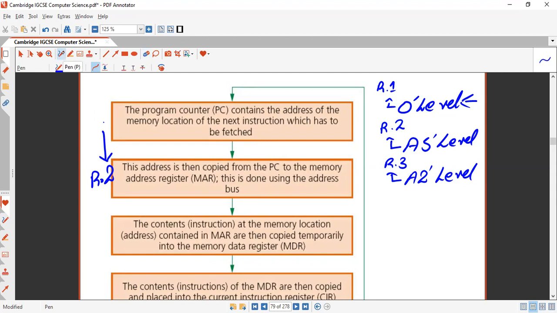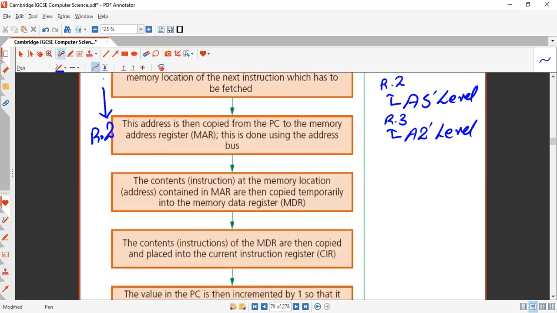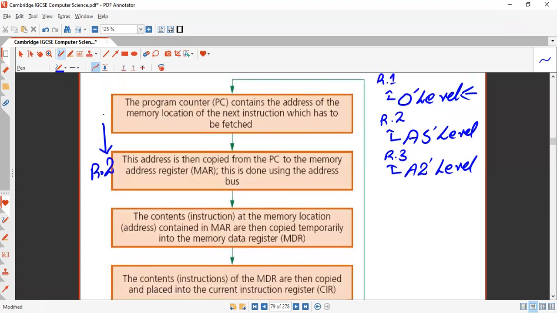Now the contents, that means the data that is present in room 2, will be there in the MDR using the data bus. Now that data after the MDR will be copied to the CIR. Meanwhile, the program counter was empty. Is that so? So after the AS level, what class do I need to teach?